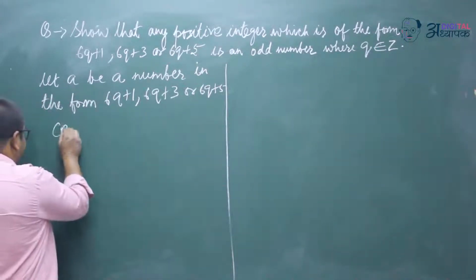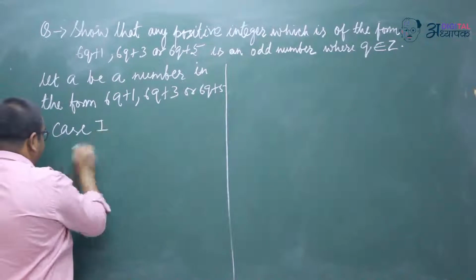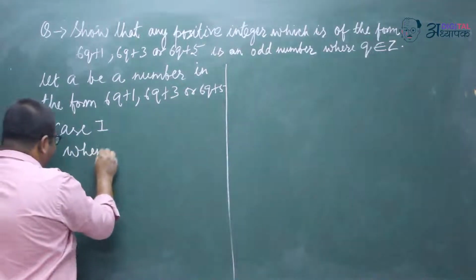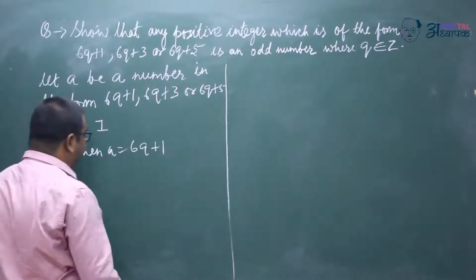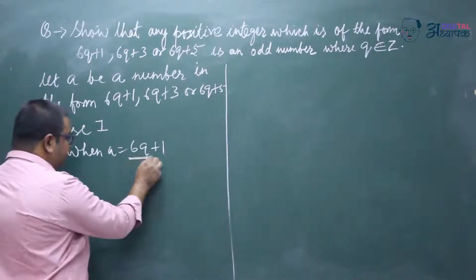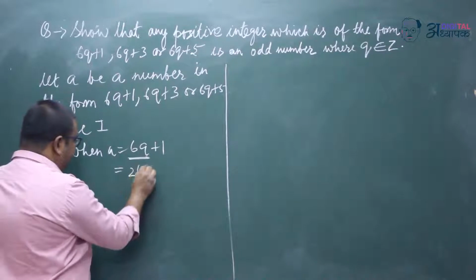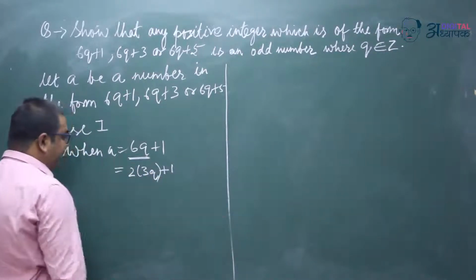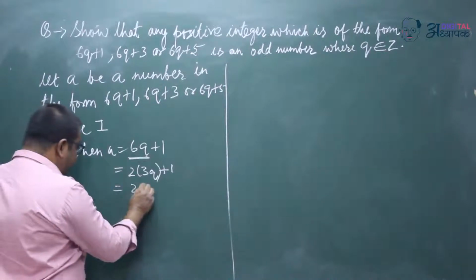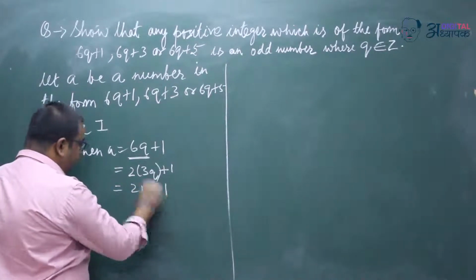So case 1, when A is equal to 6q plus 1. See students, we can take 2 common from here. So if we take 2 common, we are left with 3q plus 1. So we can write it as 2m plus 1.